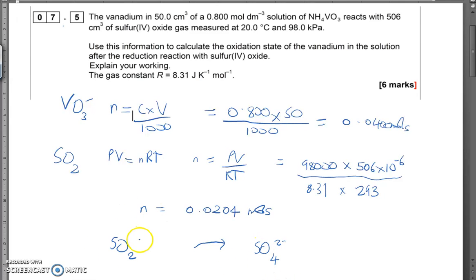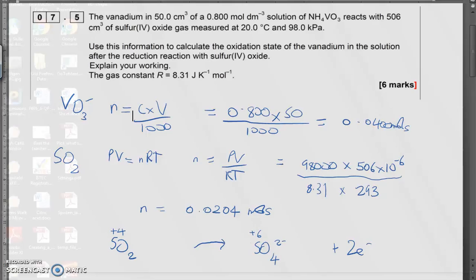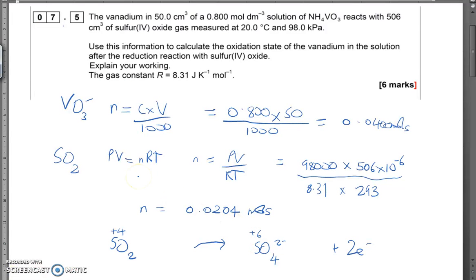Okay, so the sulfur is going from an oxidation state of +4 to +6. So this means that the sulfur is releasing 2 electrons, and the question up here tells us that it is a reduction reaction with sulfur 4 oxide.